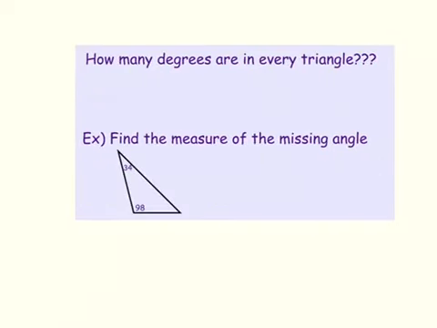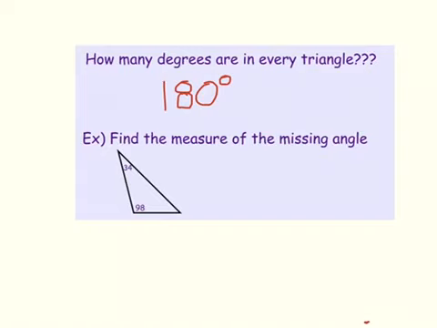And as I just hinted at a minute ago, every single triangle has 180 degrees as the sum of the measures of that triangle. There's a total of 180 degrees in every triangle.